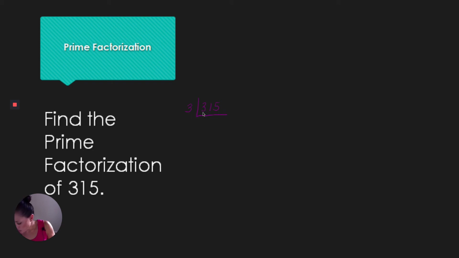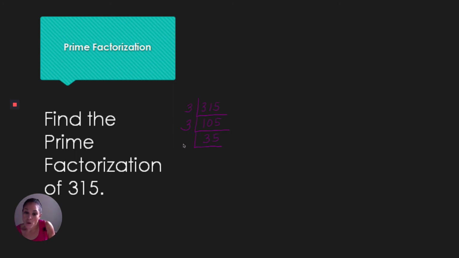So 3 goes into 315 105 times. If you're not able to do that in your head, just do it over on the side. 1 plus 0 plus 5 is 6, so we know that 3 also goes into this. So 3 goes into 105 35 times. 3 cannot go into 35 because 3 plus 5 is 8, and 3 does not go into 8 evenly.